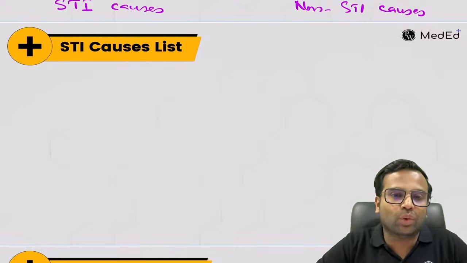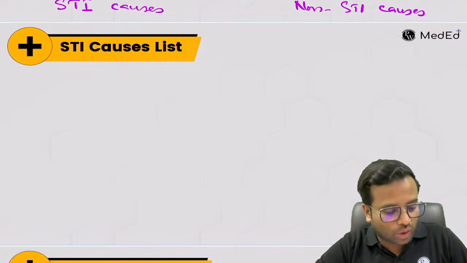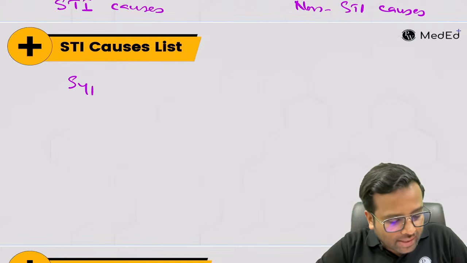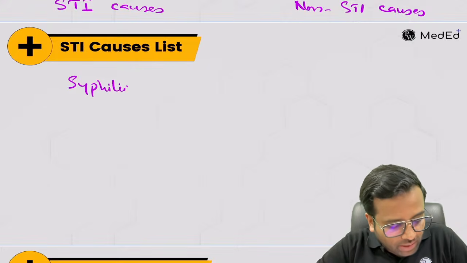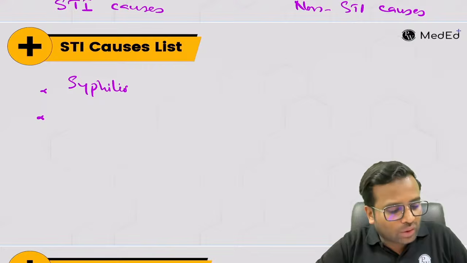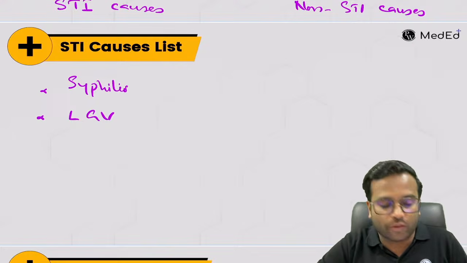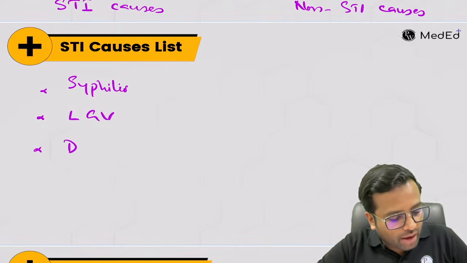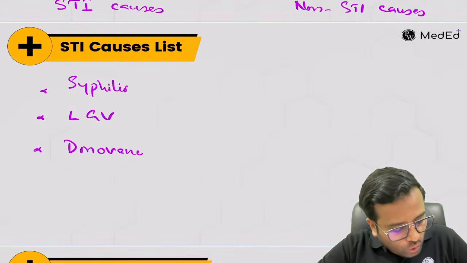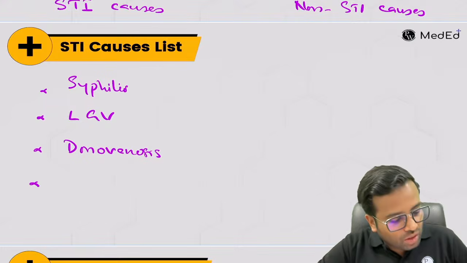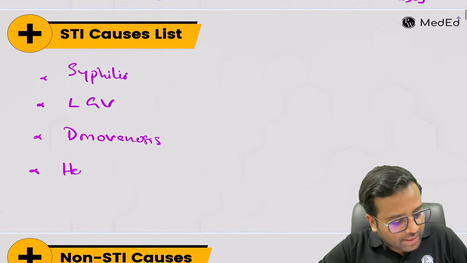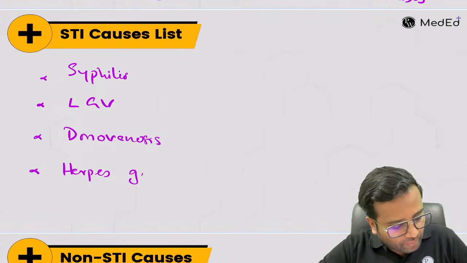First, I will write down the causes. One is syphilis, as you have mentioned. Very good. Another one is LGV, which means lymphogranuloma venereum. And then we have donovanosis. We also have herpes genitalis.